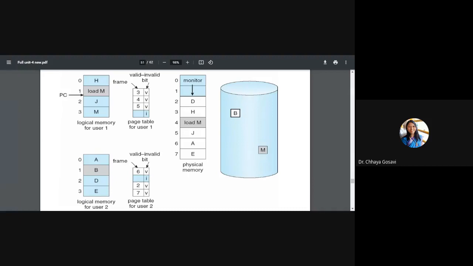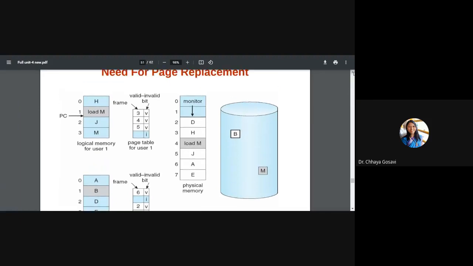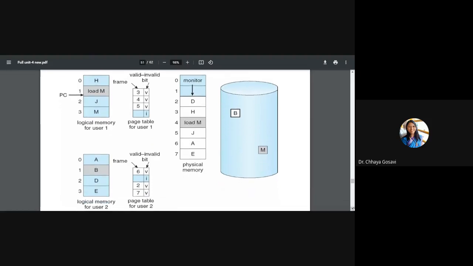We can go through these diagrams very carefully. Here we didn't have page number 1, which is invalid. The instruction is load M and the current page is not available. So check which page can be brought into main memory, bring that page into main memory, and make that invalid bit valid.